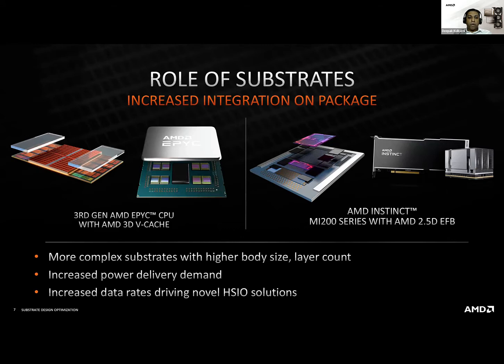Lastly, from a data rates perspective, we are continuing to see high-speed I/O requirements grow, because these devices and their associated compute power require that they are connected with fast data rates to other memory buses or other devices on the board. So we are also seeing the need for fast data rate solutions through the package.